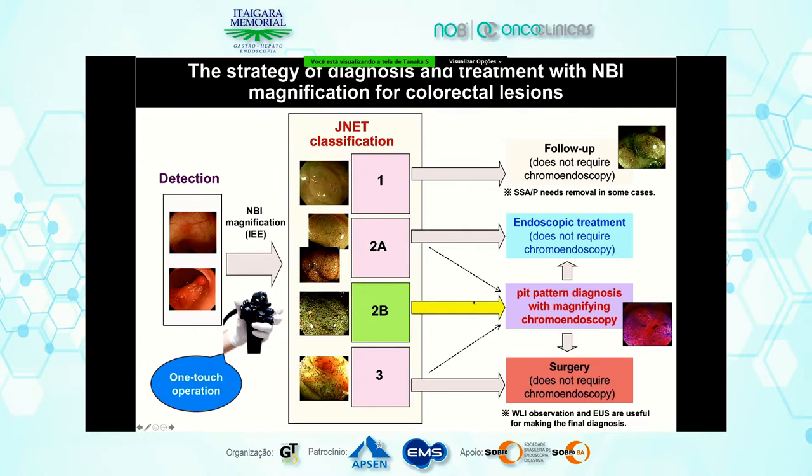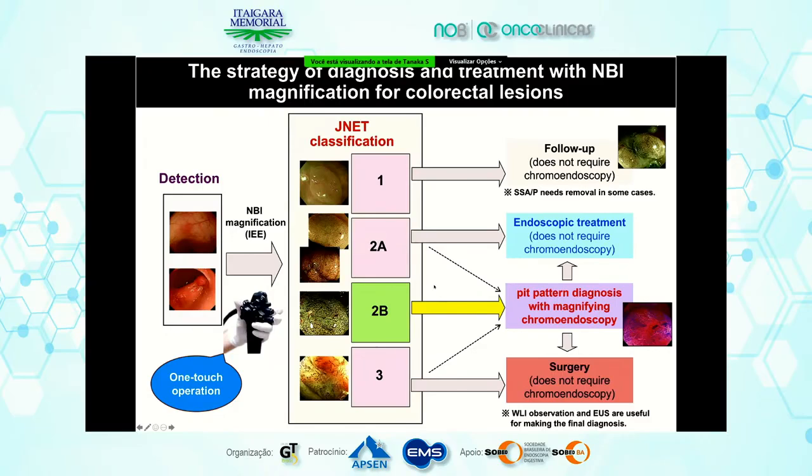So for type 2B lesions, it is necessary to do pit pattern diagnosis with crystal violet staining. Of course, fluoroscopy or EUS are useful.